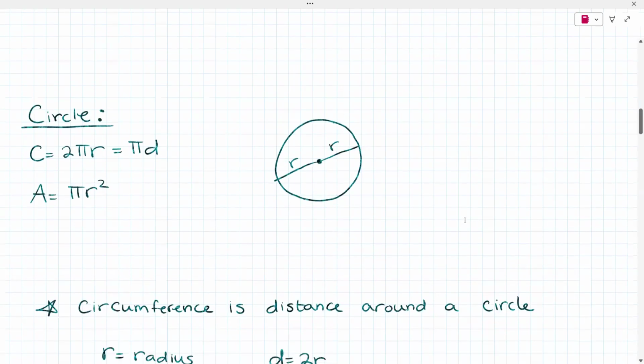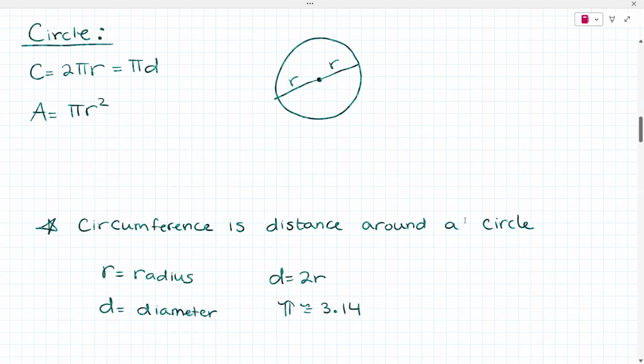So the circumference is the distance around a circle. If you ever see the term r, it's radius. If you see the term d, it's diameter. You can find the diameter if you're given the radius by saying 2 times r, right? And if you ever see the pi icon, that's an actual number. It's a real number. It's about 3.14.